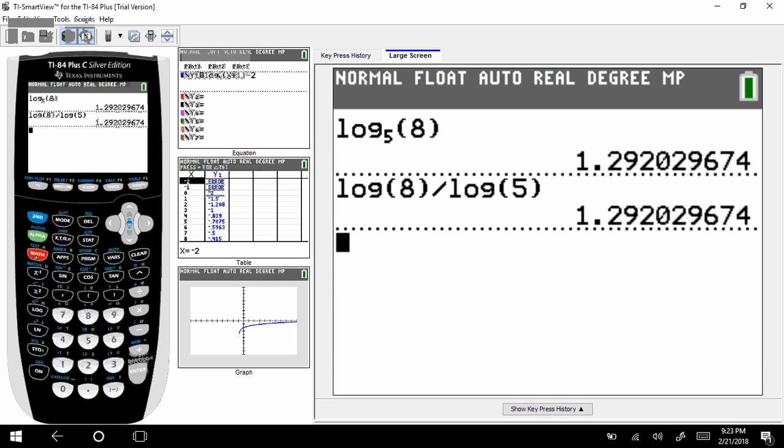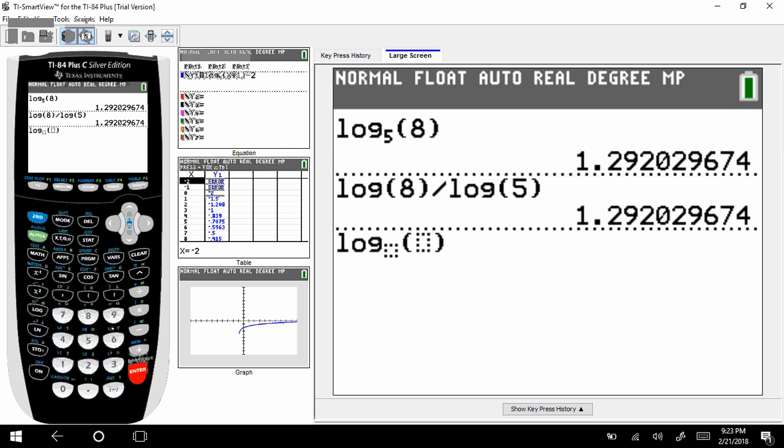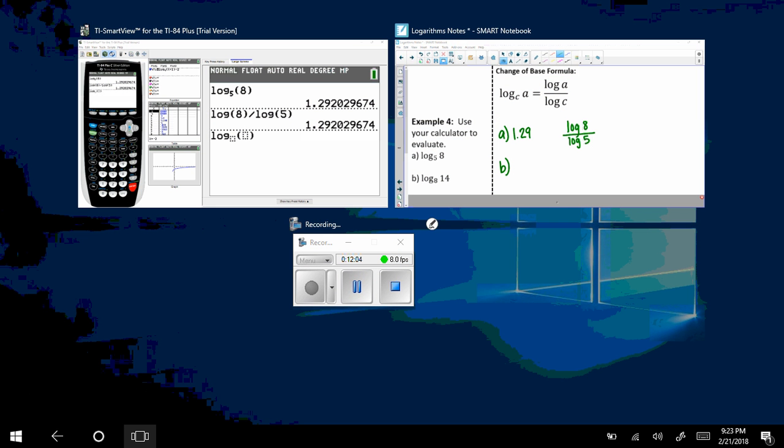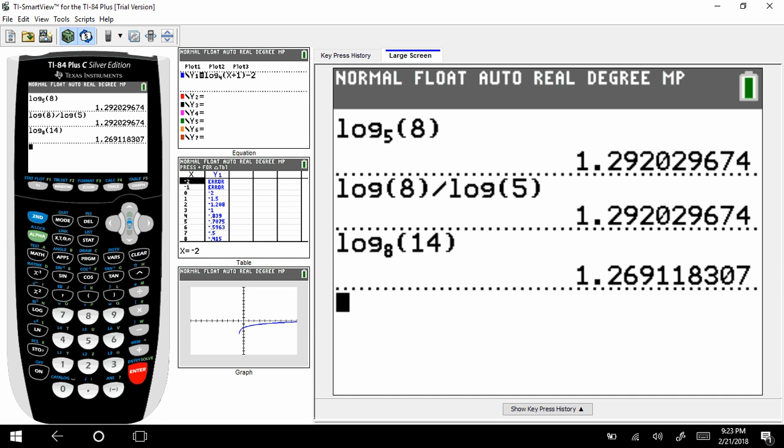Okay, so go ahead and pause this and try part B, and then unpause when you want to check. Okay, log base 8 of 14. If you have log base, you hit math, log base 8 of 14. You get 1.27.